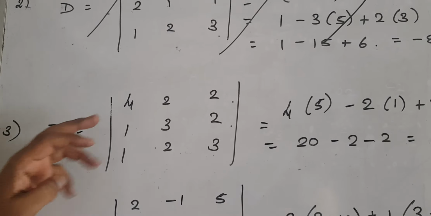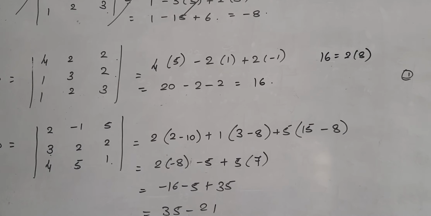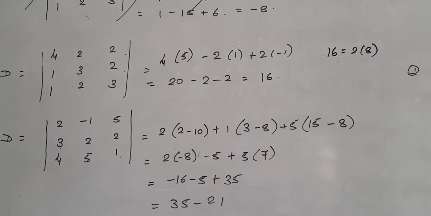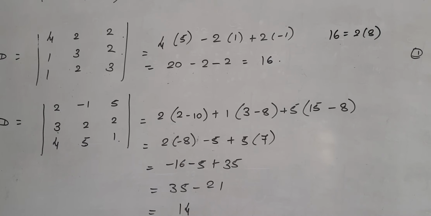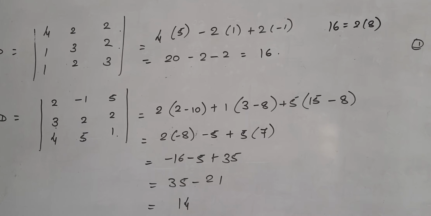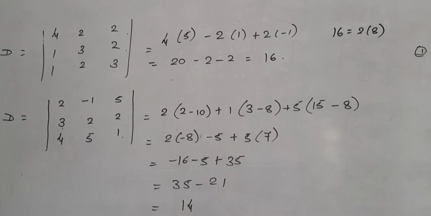मतलब कि इसका जो वैल्यू है 16 इज व्हाट 2 टाइम्स ऑफ दैट 8. मतलब ये हुआ, समझो, when we multiply the elements of any row or a column with the non-zero constant k, the value of the new determinant is k times the original determinant.